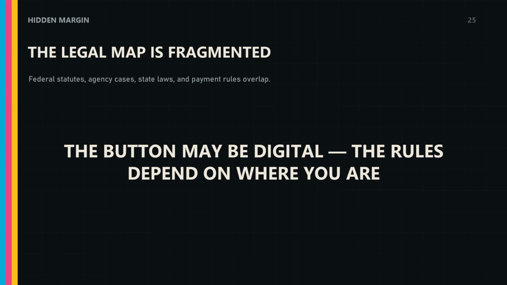The result is a fragmented map. Federal statutes, older regulations, agency enforcement, state automatic renewal laws, payment network rules, and contract terms overlap. A cancellation flow may look identical on 2 screens while the applicable legal obligations differ because of the customer's location, enrollment method, or type of service.